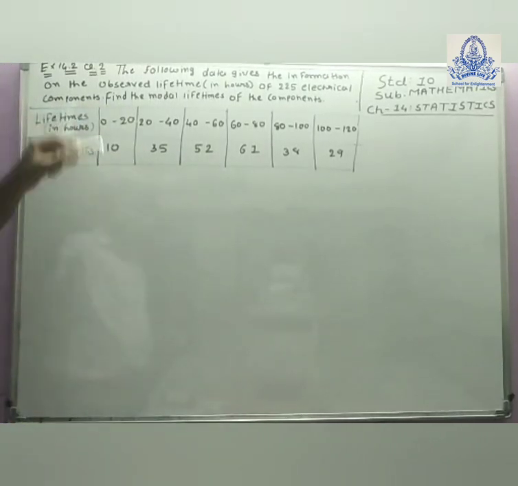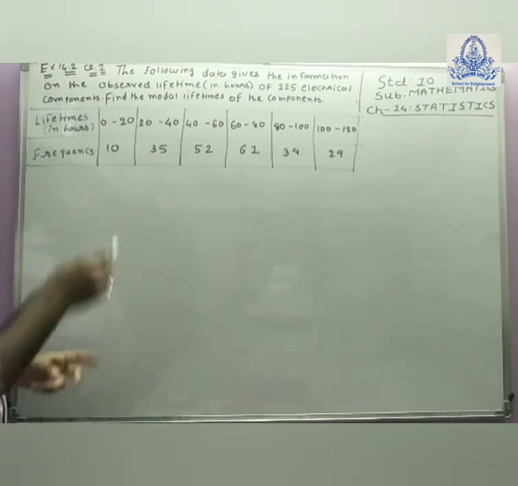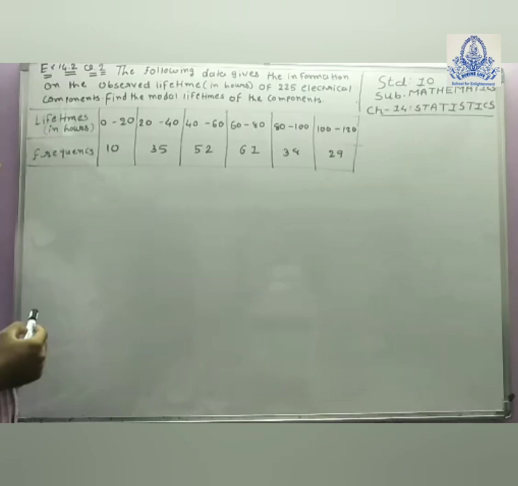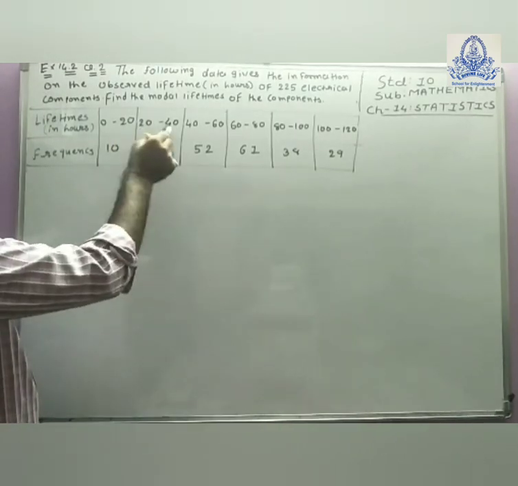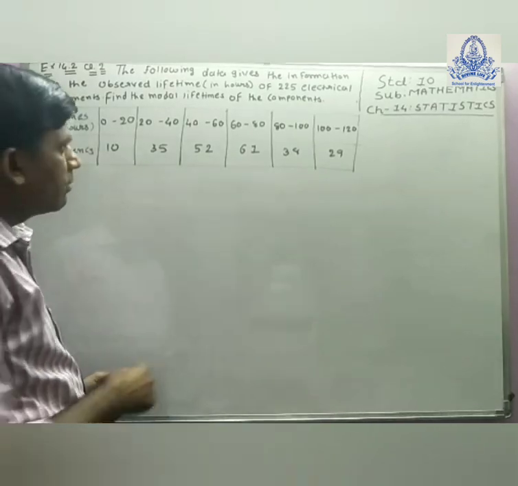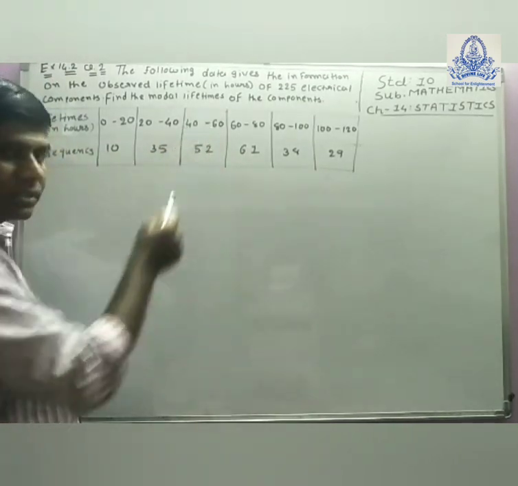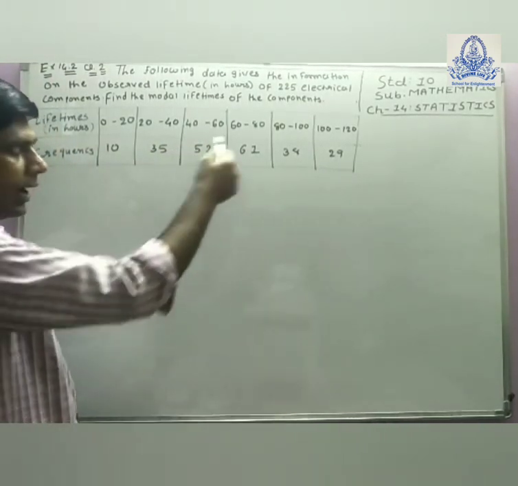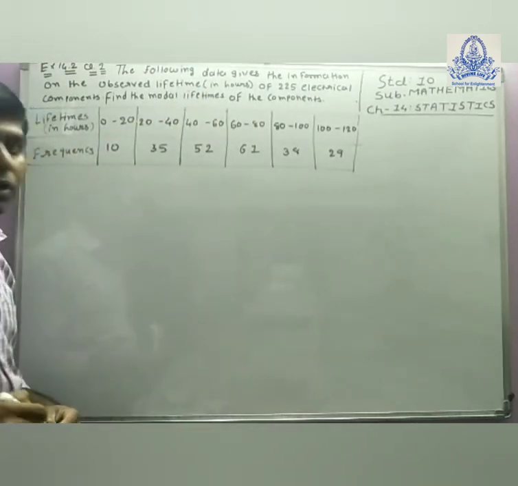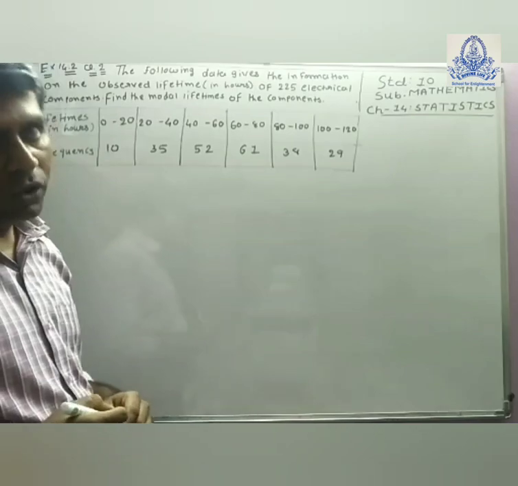The number of components whose lifetime is 0 to 20 hours is 10. The number of components whose lifetime is 20 to 40 hours is 35. The number of components whose lifetime is between 40 to 60 hours is 52, and so on. And we have to find the modal lifetime of the components. That means we have to find the mode.